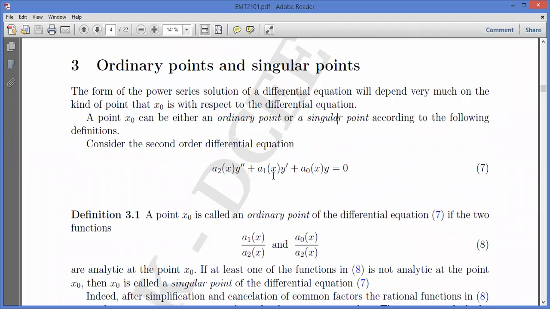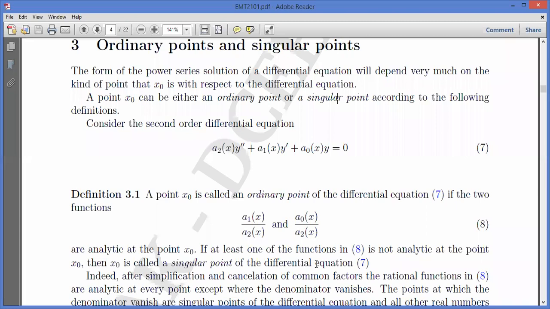We have already looked at this equation 7, from our previous semester, engineering math 2. If you have a system like this, you take the coefficient of y double prime to 1, so you divide the whole thing by A2. When you divide by A2, you get A1 over A2, which is this one here, and then A0 over A2, which is this one.